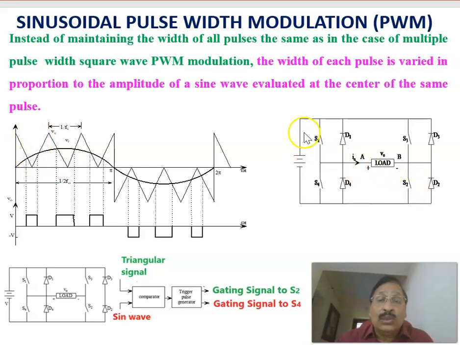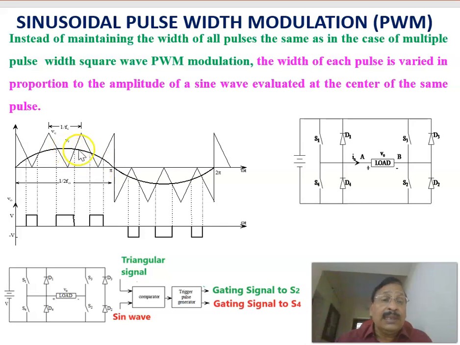When S2 is closed, positive voltage comes here and negative voltage here. The same voltage as the supply appears at this point. Therefore, during this period, you are getting a positive voltage. During this period, the modulating signal voltage is less than the carrier triangular voltage. In that case, the switch is turned off. Again, S1 is permanently on during the positive half cycle of the sinusoidal signal.